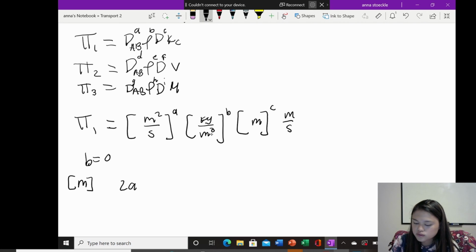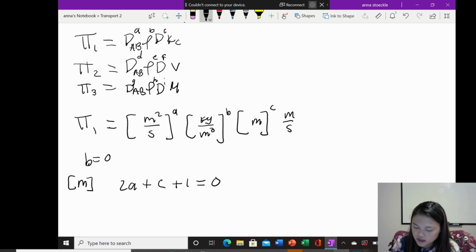And then this is going to go to 0, so we aren't interested in that. Then we have a meters here, so a plus c, and then a meters here, which will be a plus 1 for that mass transfer coefficient. And we want to set that equal to 0 because we want it to be dimensionless, so none of the units will appear.